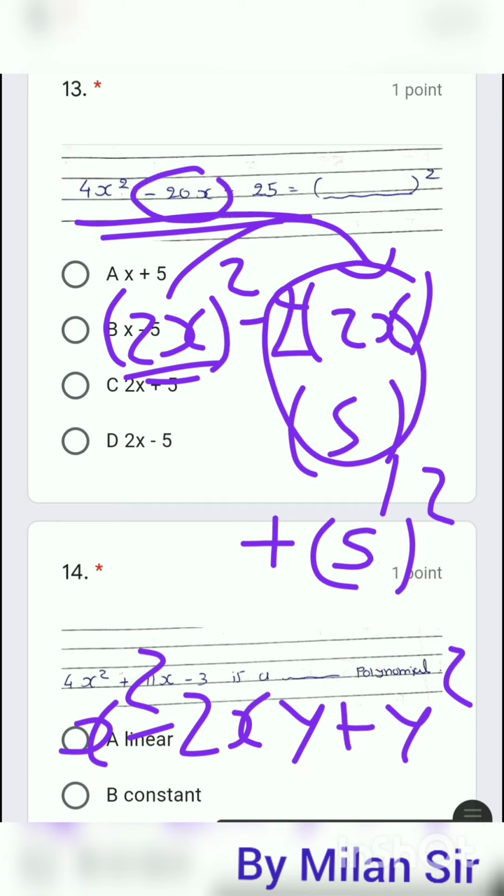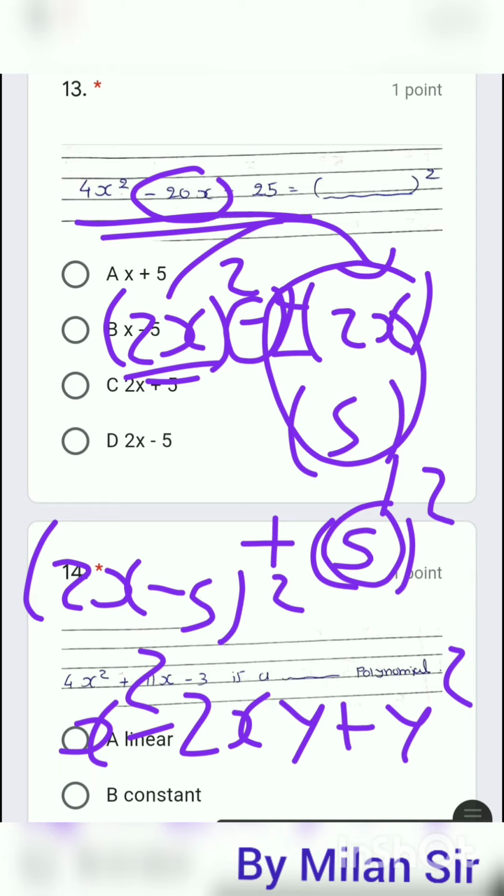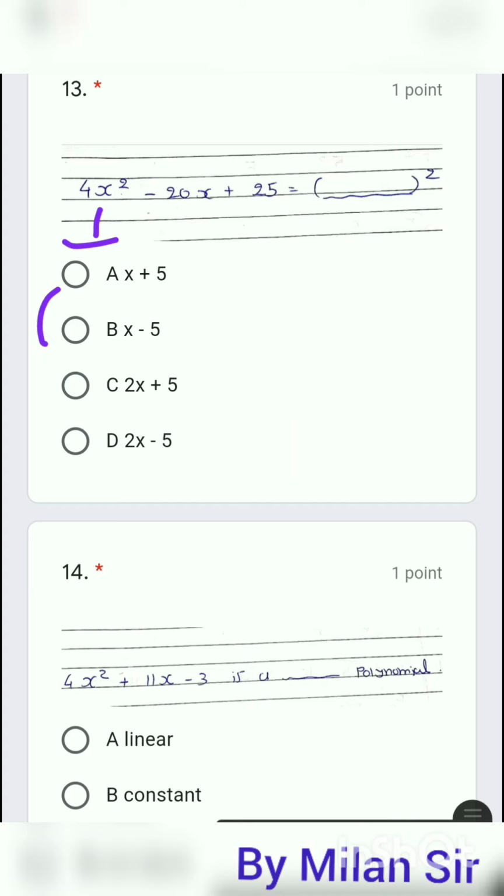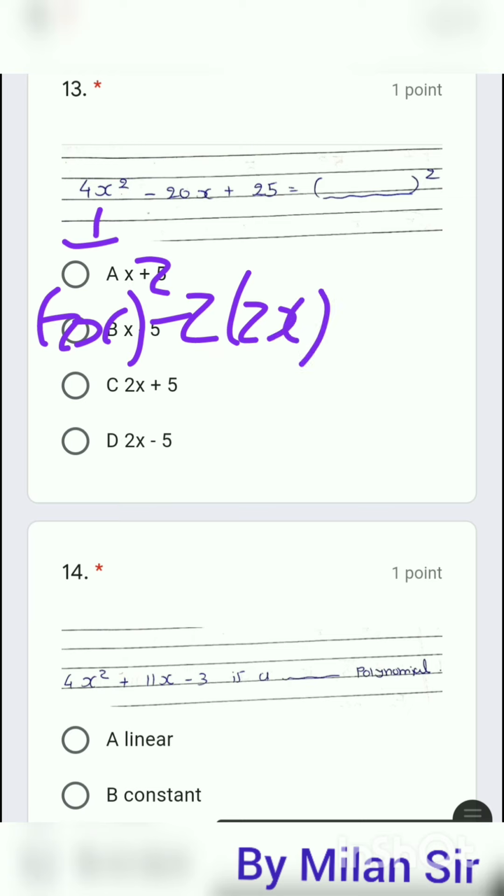So 2x all square minus 2 in bracket 2x into 5 plus 5 all square, so directly we can write the identity: first bracket 2x, then this negative sign, and last term 5 all square, so our final answer is 2x minus 5 all square. We convert this into 2x all square, then minus 2 first bracket 2x, second bracket 5, and 5 all square.